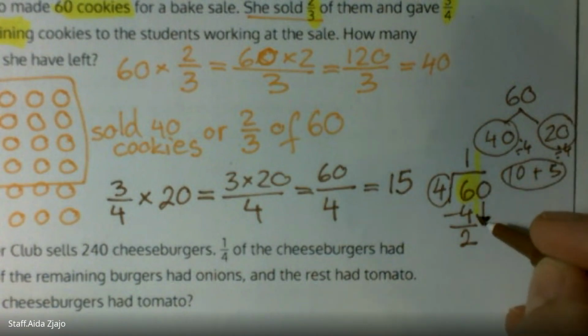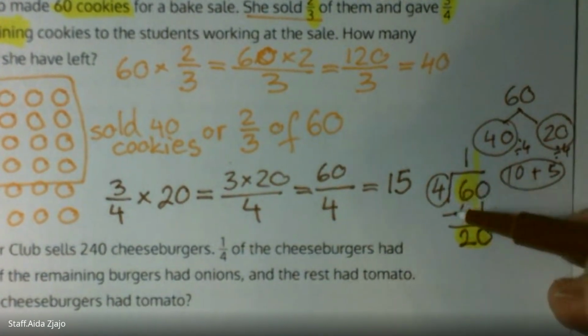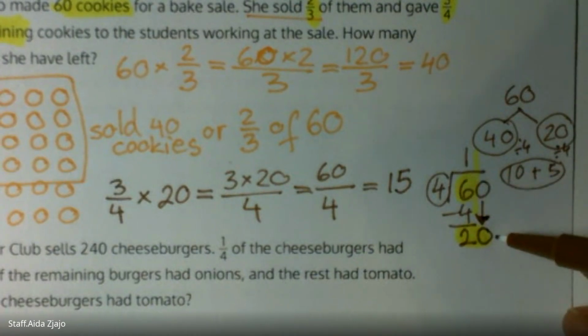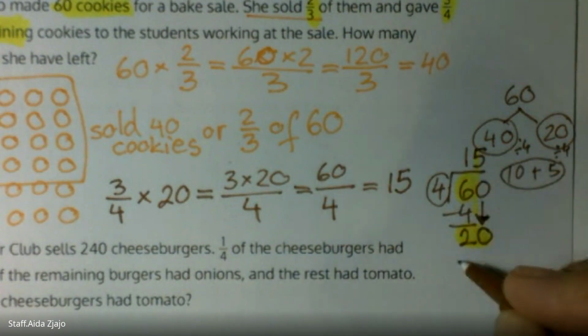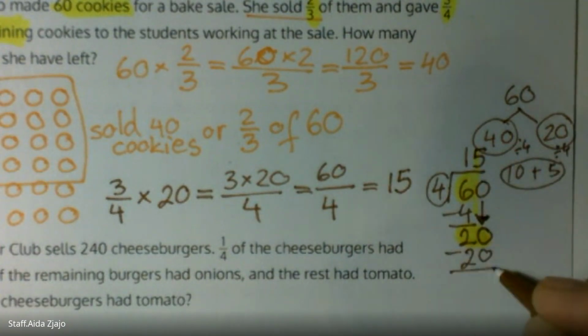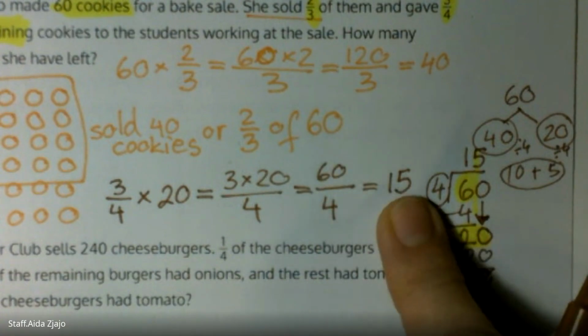We regroup 2 tens to make 20 ones, and then we can share by 4. How many ones are in 4 groups? There is 5. 5 times 4 is 20, and I have no remainder. So if we divide 60 by 4, we get 15.